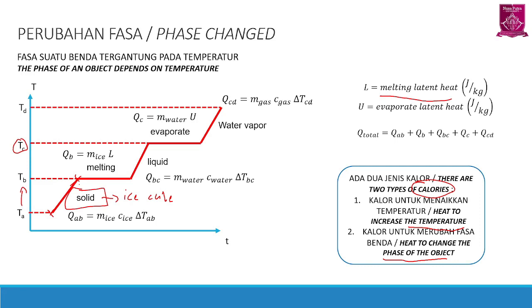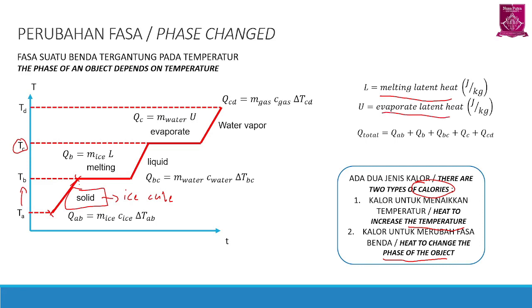If I continue to heat this object, there will be the process of evaporation. When the water is vaporizing to water vapor, the heat needed is equal to the mass of the water multiplied by U. U here is the evaporation latent heat.